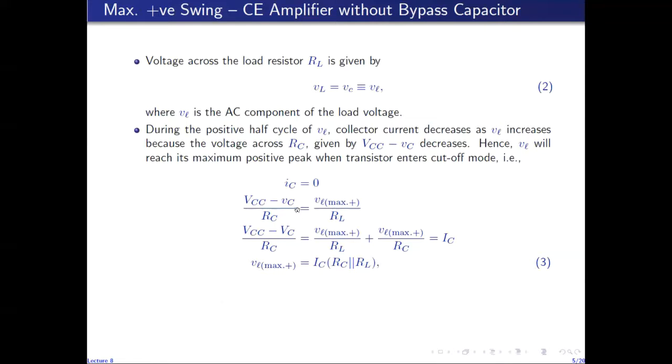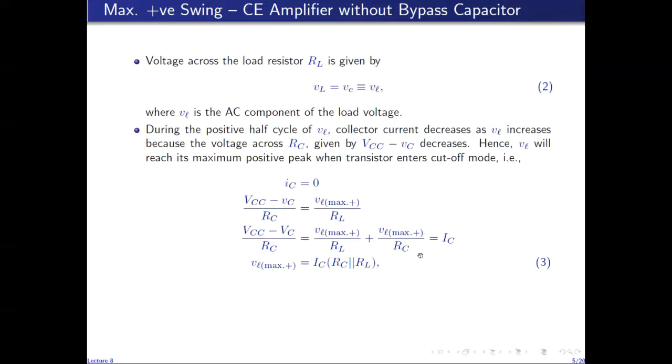We solve this equation by realizing that the total VC is the sum of the DC component and the AC component. Since the AC component is equal to the load voltage, which under this condition we have represented by this notation, total VC is capital VC plus VL maximum positive. So I take VL maximum positive to the other side.